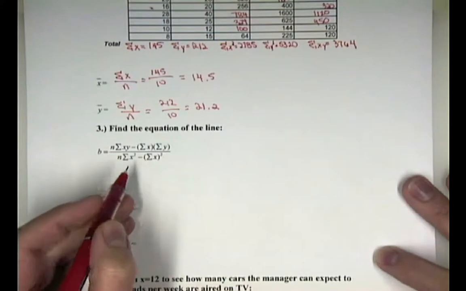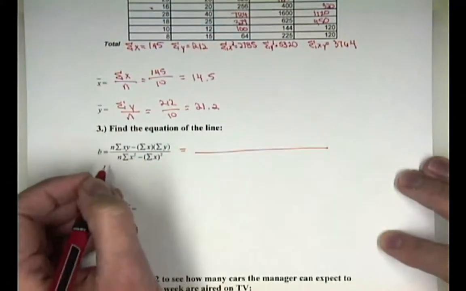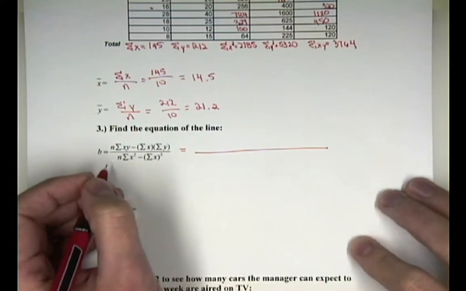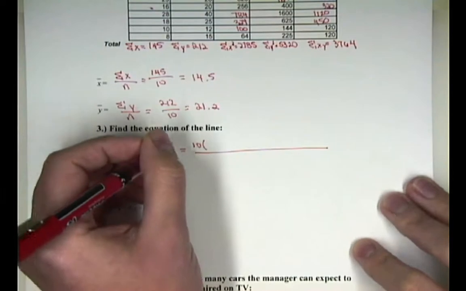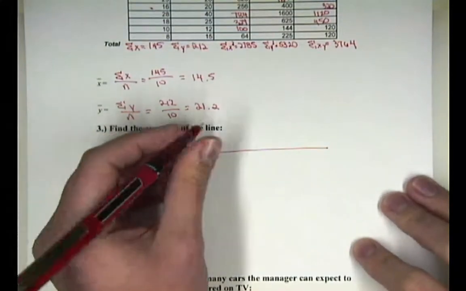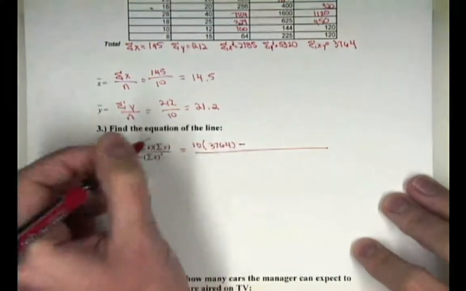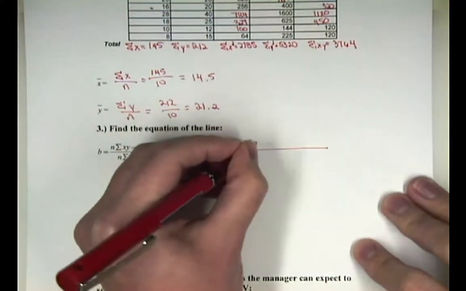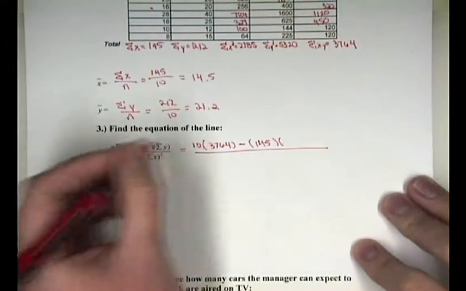The b equation is quite complicated, but if we take it slow and remember our order of operations, we should be fine. N is 10. There are 10 different xy pairs. The sum of the xy's we found, it's 3764, minus the sum of the x's we found to be 145, times the sum of the y's, which we found to be 212.